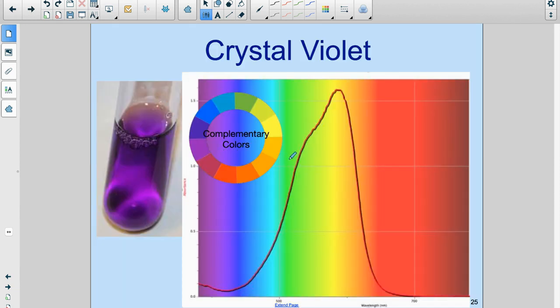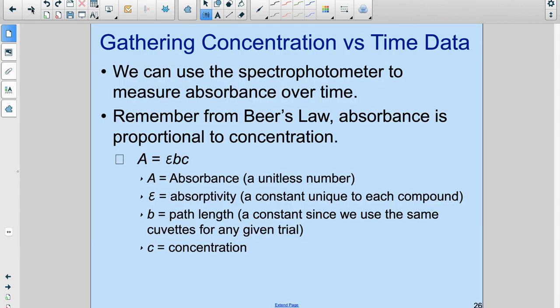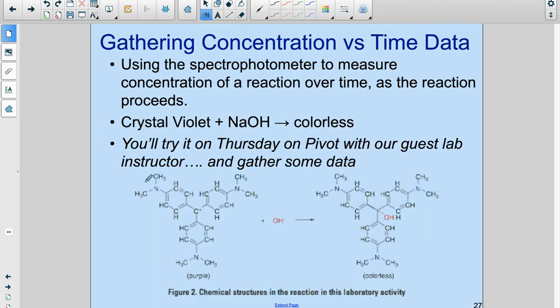And Thursday morning, Scotty, Mr. Nichols, is going to do this Pivot Interactives lab on crystal violet using an absorbance spectrometer. We will be able to use Beer's law to use the absorbance versus time to get data that will allow us to figure out what the reaction order is for crystal violet.